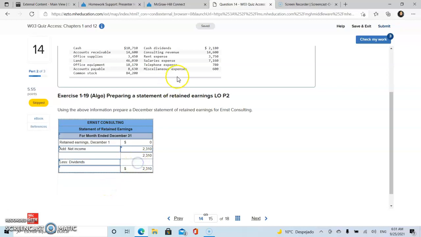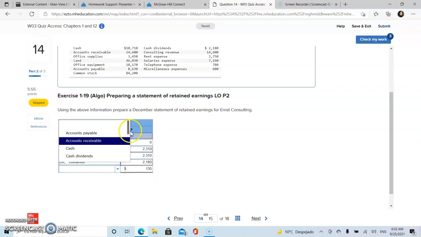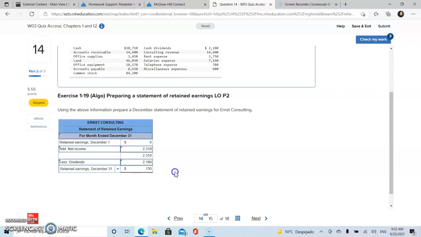In this case, our cash dividends are right here. So this amount that we have, 130, is going to be our total of retained earnings by December 31st.